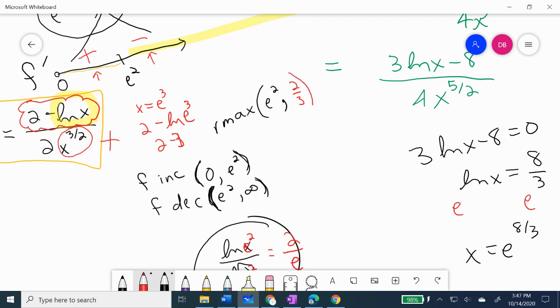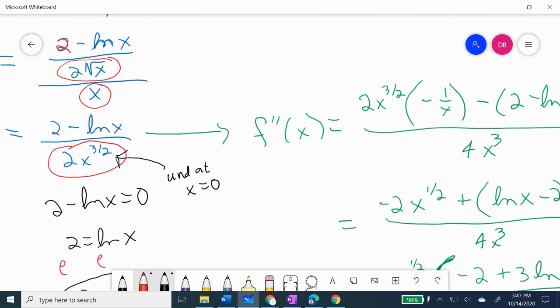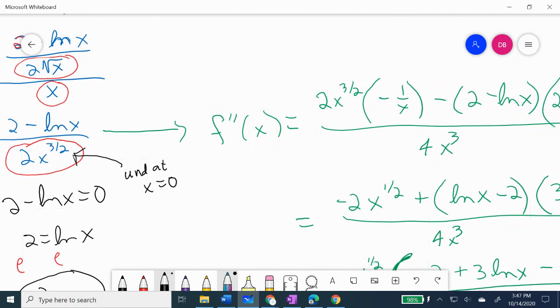Now, when I went on to the second derivative, I started from this moment right here, where I had simplified the best I could before looking at what makes the first derivative 0 or undefined. So I'm using quotient rule, and here we go. Low is 2x to the 3/2 power.